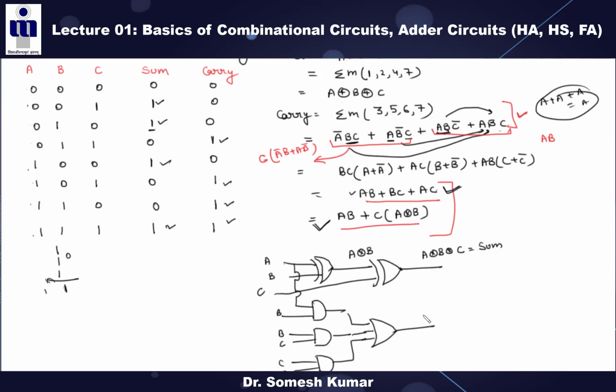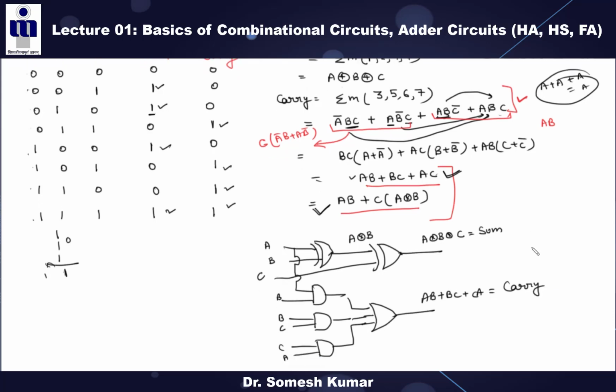This is AB plus BC plus CA, right? This is your carry. Clear? So you can also draw the circuits with this carry.